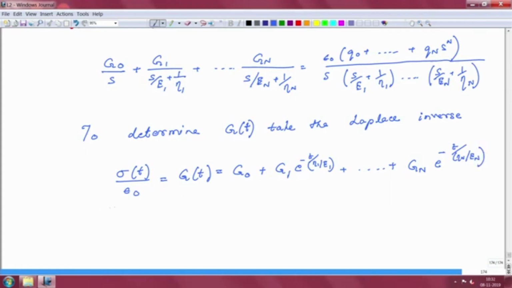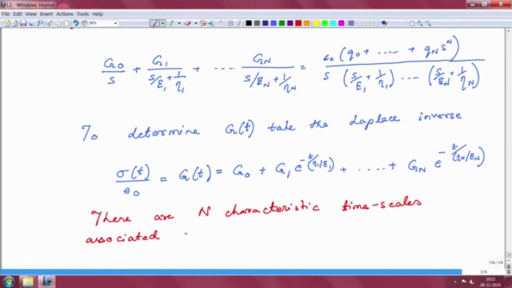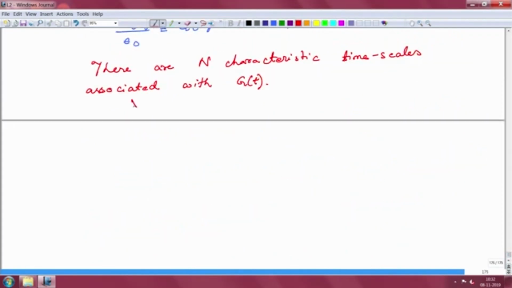So, now here there are n characteristic time scales associated with g t, and the time scales are such that you have lambda 1 equal to eta 1 by E 1, and similarly you have lambda n equal to eta n by E n.